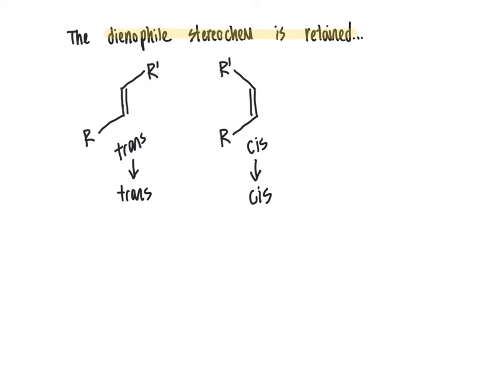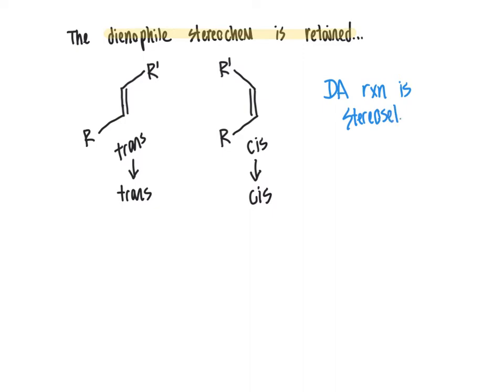So that is something to keep in mind, is that when you look at the structure of an alkene, if that alkene can be described as cis or trans, you will need to stereoselectively create the cis or trans orientation of those two groups on the ring when you write out the product. And so as a result, we can describe the Diels Alder reaction as being quite stereoselective.